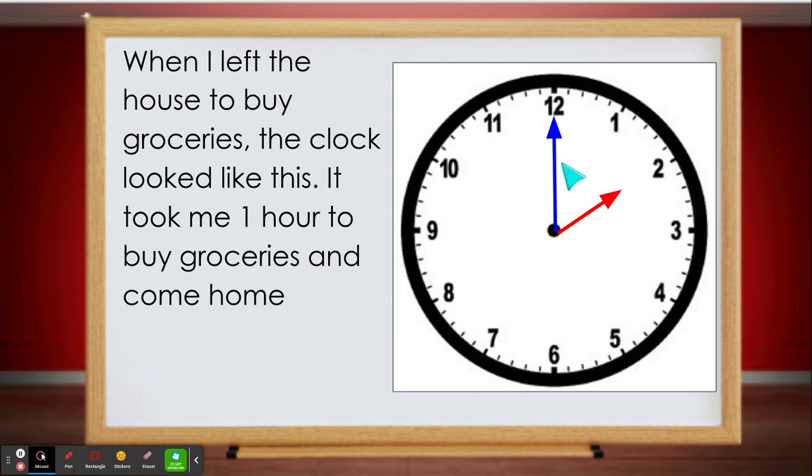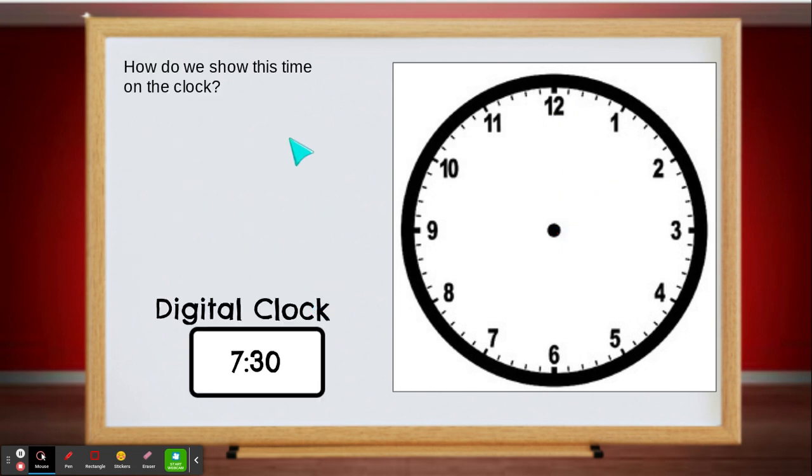Does my minute hand need to change? No, because we went a whole full hour around the clock. So my hour is 2 o'clock. So this person finished their grocery and got home at 2 o'clock.